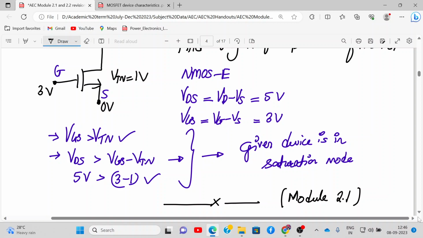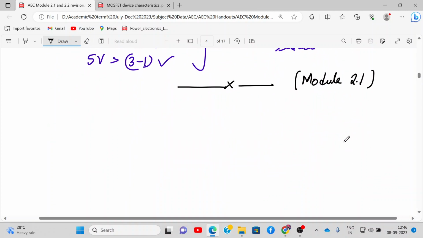That is MOSFET working, construction, characteristics and region of operation. Anyone having any doubt? Okay, now for 2.2, I'll tell you.